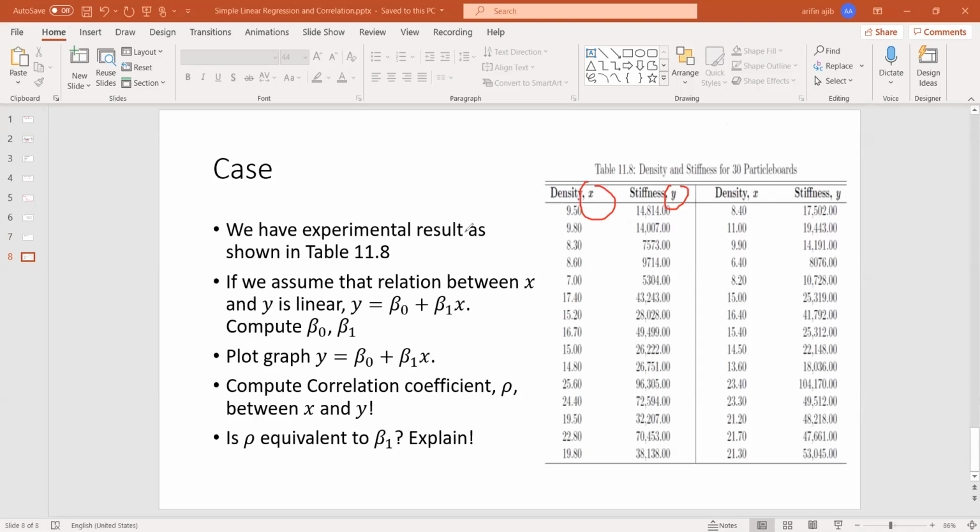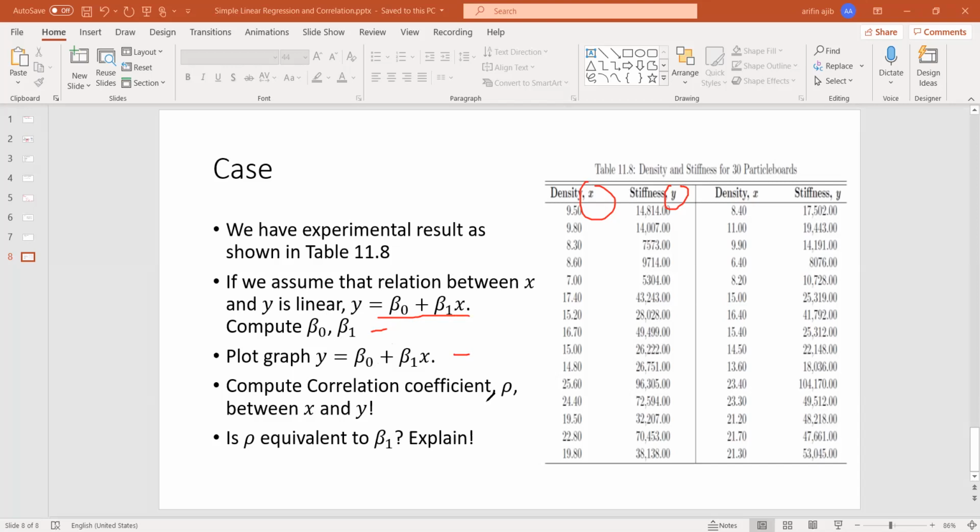In this case, we have the experimental result as shown in table 11.8. If we assume that the relation between X and Y is linear, we can express it like this. Please compute beta 0 and beta 1, and plot a graph based on this data.